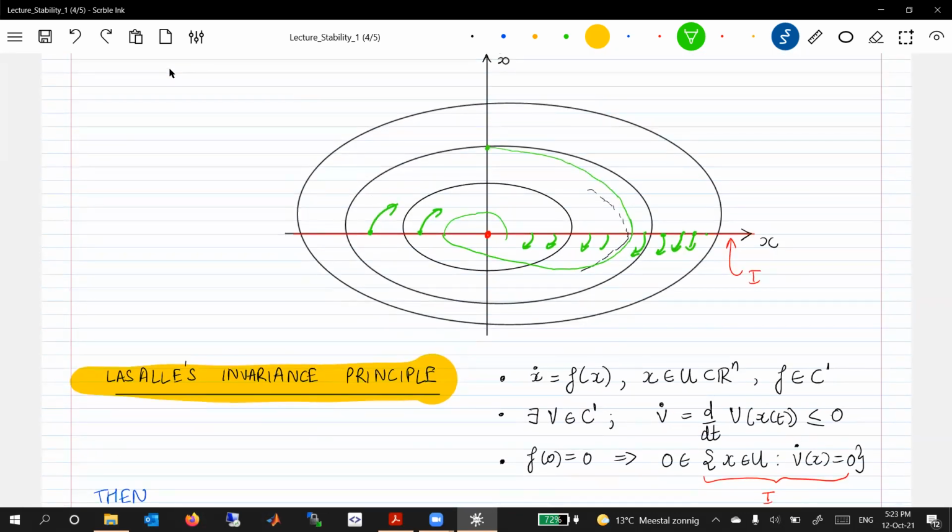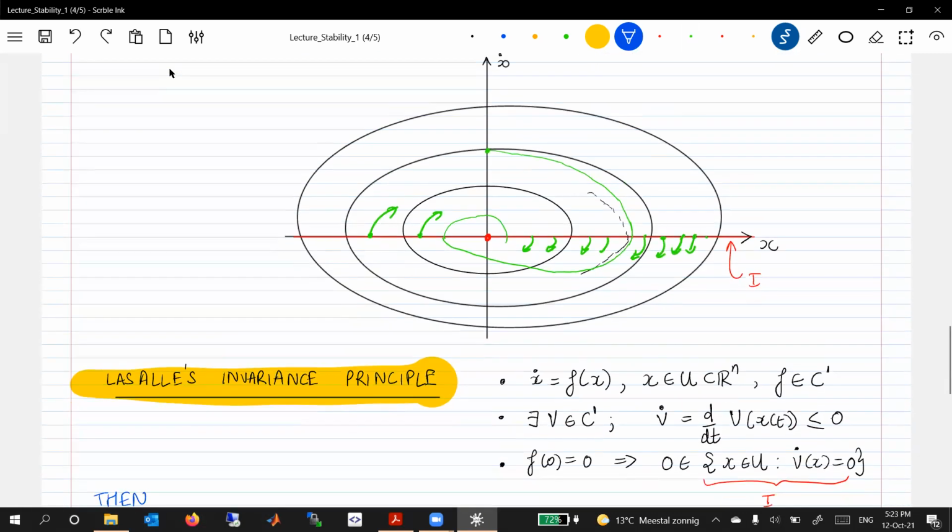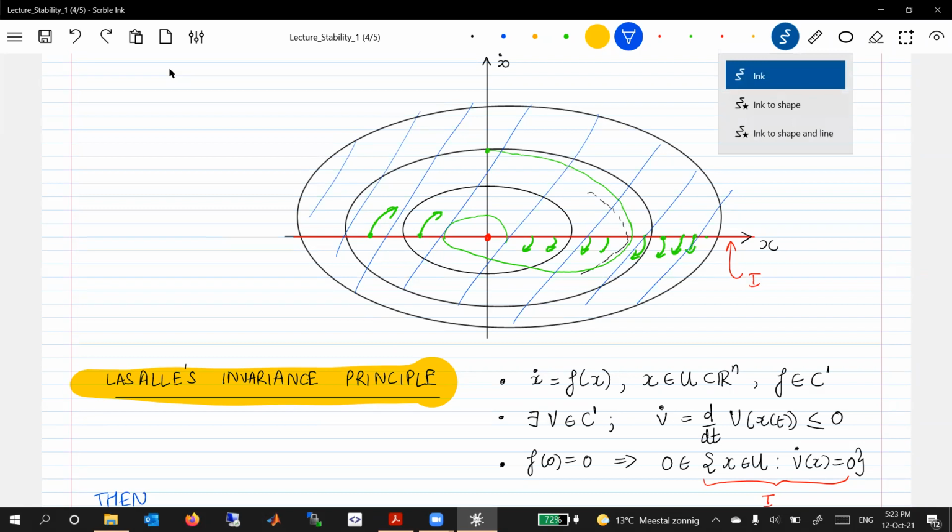And what is U here? U can be any set which contains all trajectories, right? What was the color I used? It was black. So for instance, this could be U. But we cannot keep increasing this U neighborhood because trajectories need to be confined. Remember that if we try to sketch the phase portrait here, it went something like this.